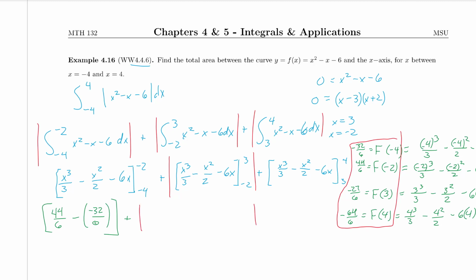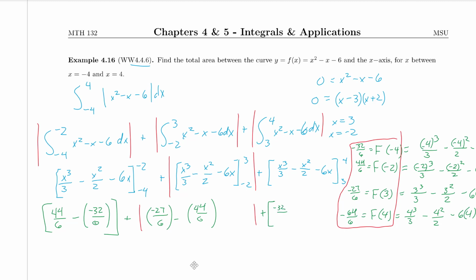And then we add the absolute value of our antiderivative at 3, which is negative 27 over 6, minus our antiderivative at negative 2, which is 44 over 6. You see we have negative 27 minus 44. That's going to be a negative number, so when we take the absolute value, we get the positive number we're looking for.